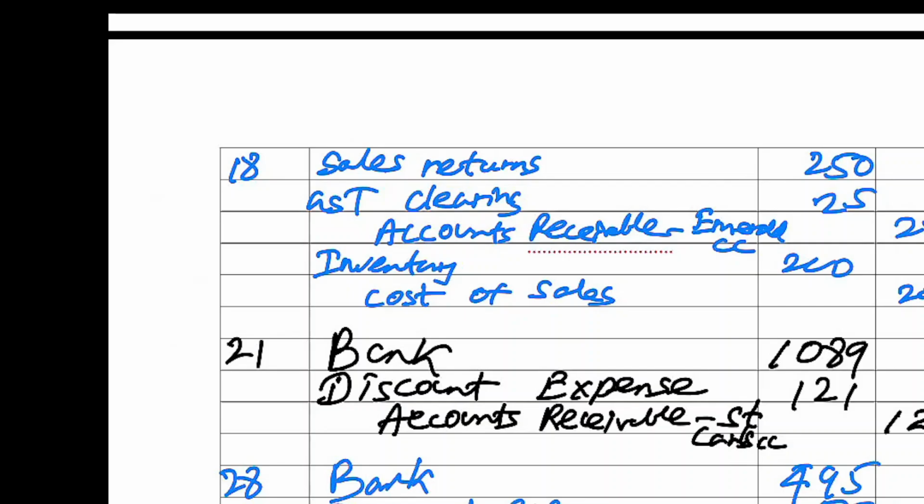For accounts receivable. What is the name? Emerald CC. Yeah, 550. Is that enough?